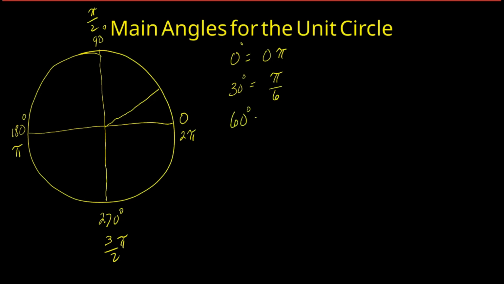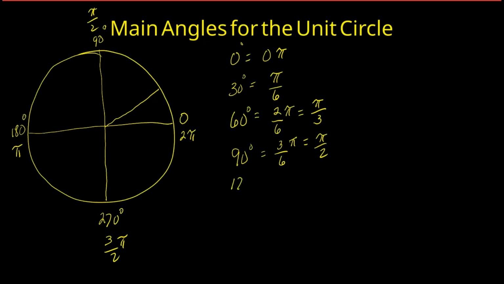At 60 degrees, I'll be 2/6 pi around, which is pi thirds. At 90 degrees, I'm 3/6 pi, which is pi halves, which corresponds to what I have written already.